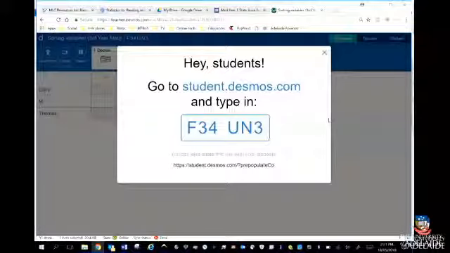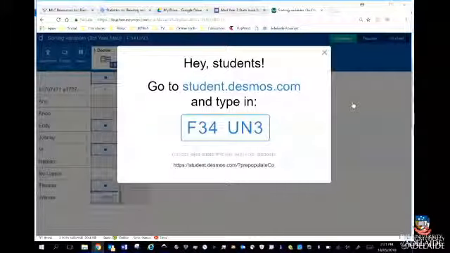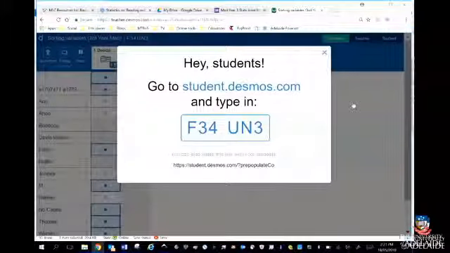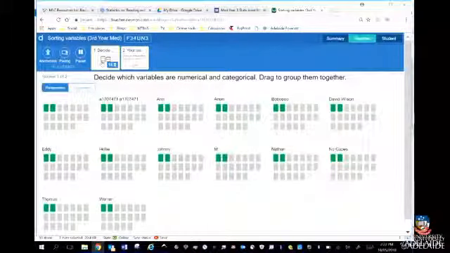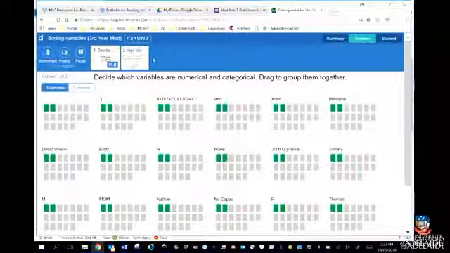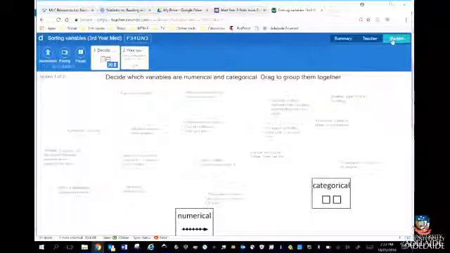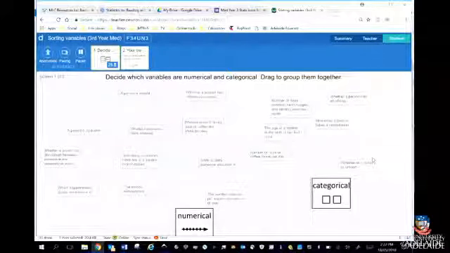Oh, look, there's some people. Okay, so it looks something like this. There's a whole lot of variables, and I want you to sort them into numerical and categorical.